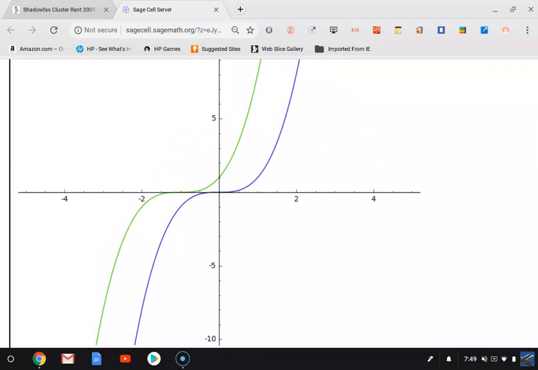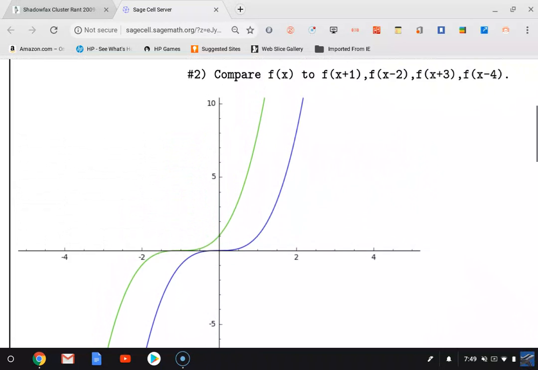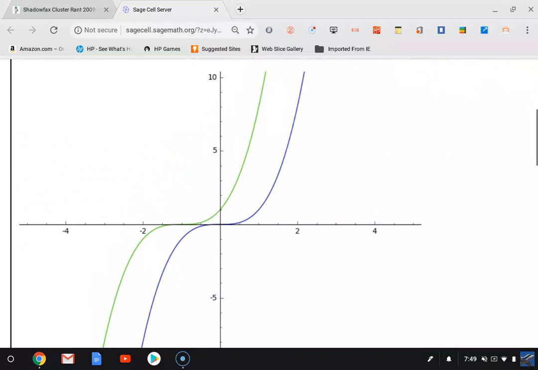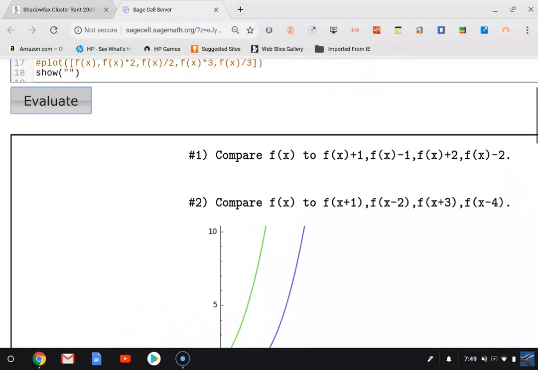But the green curve doesn't go through 0, 0. It goes through -1, 0. If we take every point, let's say 1, 1 on the blue curve, this is not a square window, 1, 1 on the blue curve would now be at 0, 1 on the green curve. So now that becomes a y-intercept. Everything shifts 1 to the left if you add 1.